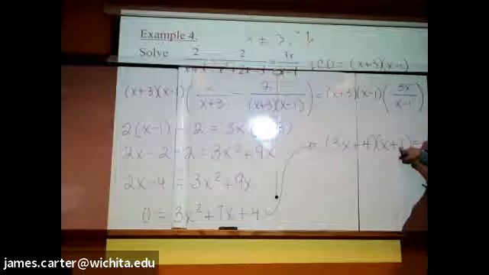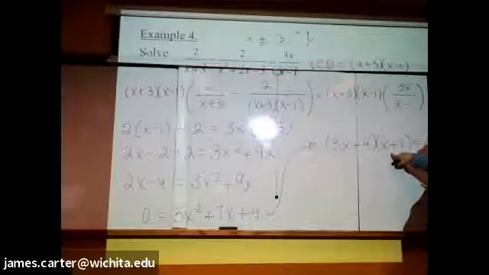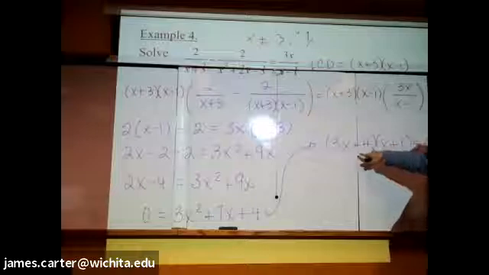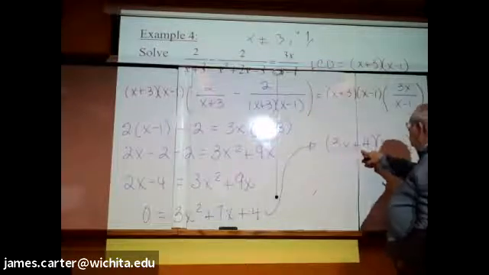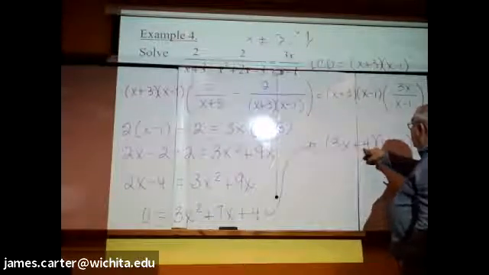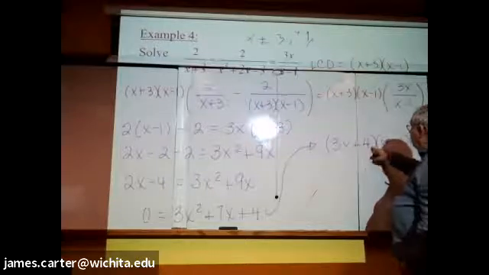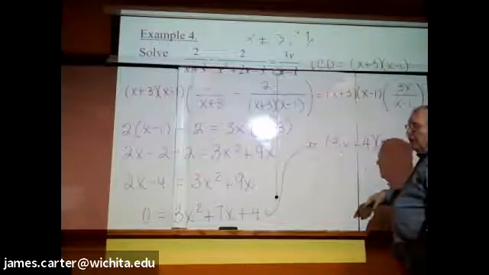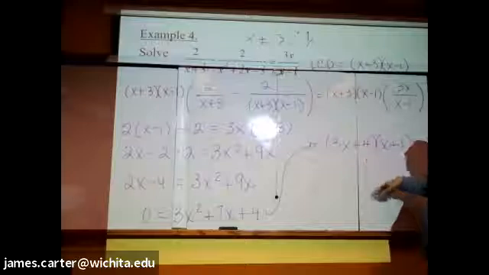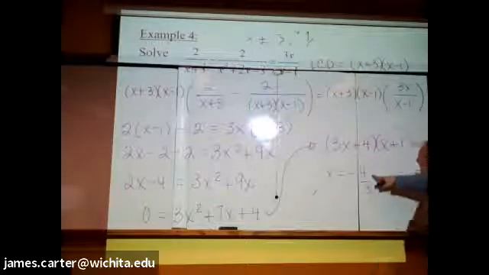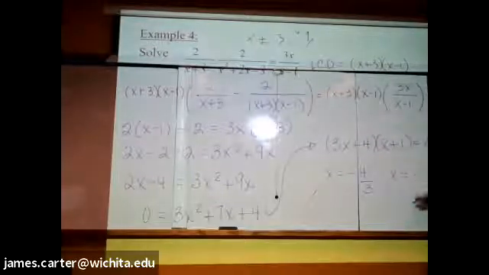So this is going to give me an x, this x is going to give me -1, and this is going to give me -4/3. -4 on both sides, then divide by 3. -4/3. Here we are, -4/3. -1.